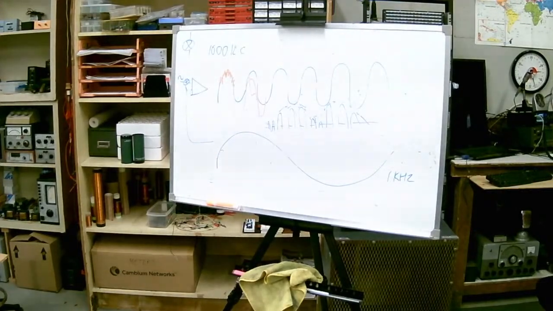Okay. So I've got a doubly balanced modulator here. This actually will generate clean AM. It's got two different channels.